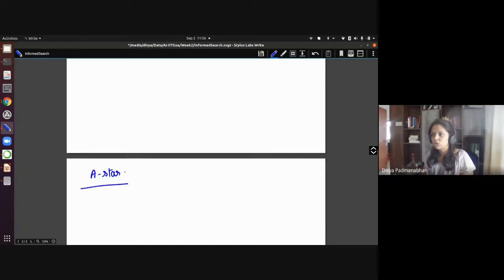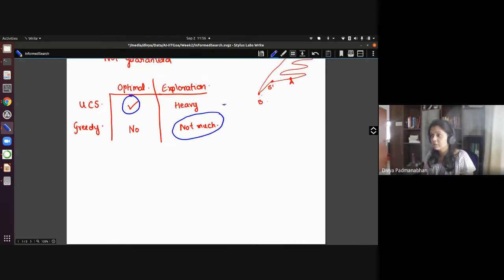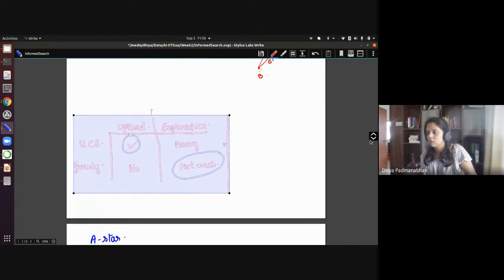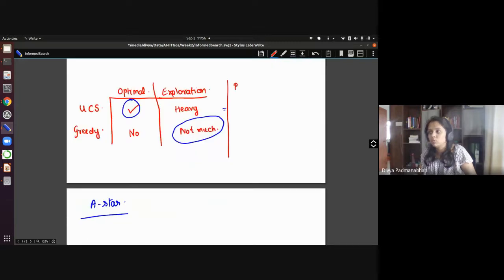In UCS, what you did was you looked at the heuristic or whatever you used in the queue. So let me also just write that. Here, since the implementations were the same, I'm just writing what the priority function you used was.